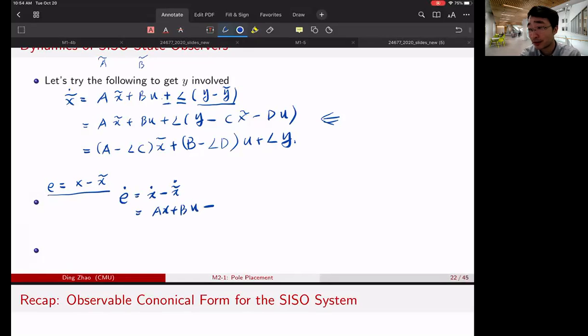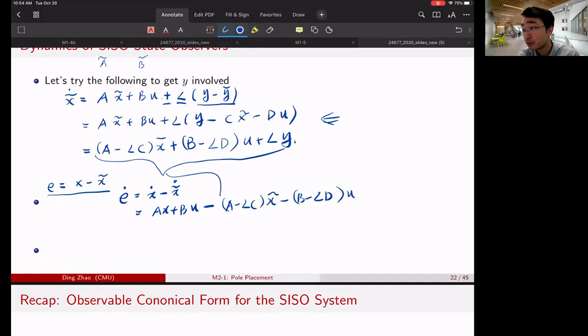Minus x tilde dot, just plug in what is here, so that will be minus (A minus LC) x tilde minus (B minus LD) u minus Ly.